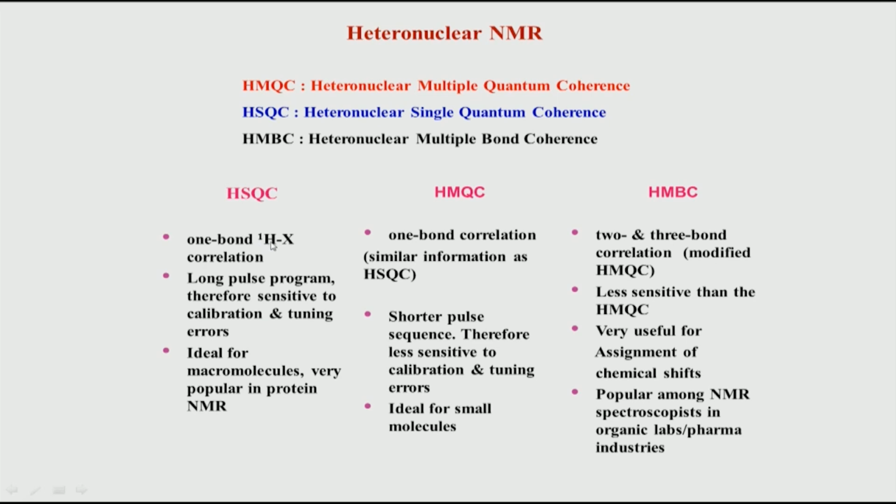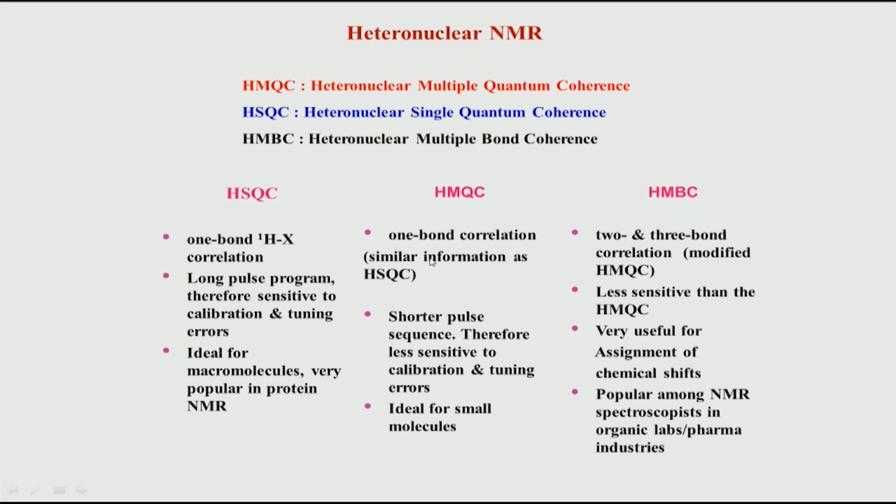So, we will not get any correlation, for example, from carbonyl, because in carbonyl there is no direct attachment of carbon to a hydrogen. So, only those carbons which are directly attached to a hydrogen will show a peak or a cross peak in this spectrum.